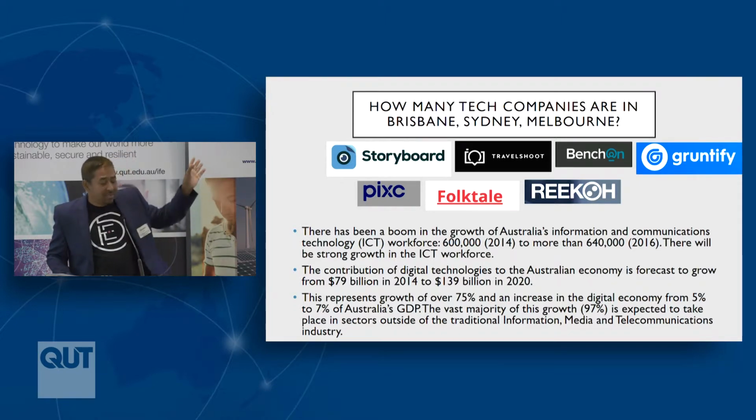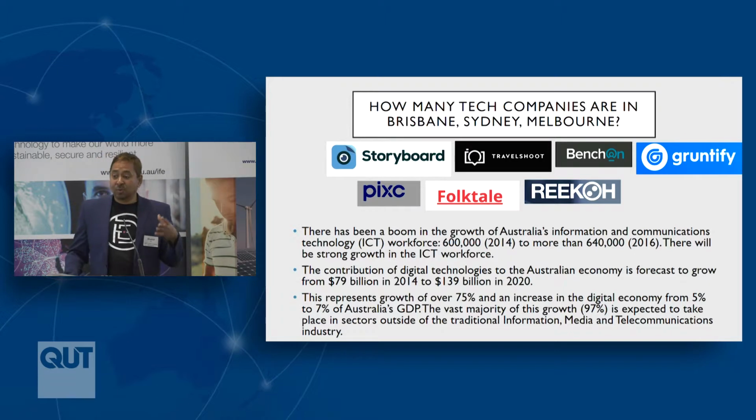These are a few companies from Brisbane. I was just Googling quickly last night, and I saw hundreds of companies emerging in the media, telecommunication, and digital sectors, and they are putting a footprint in the global market.